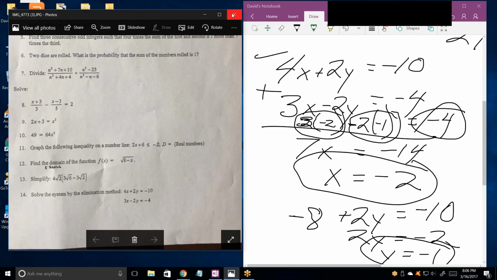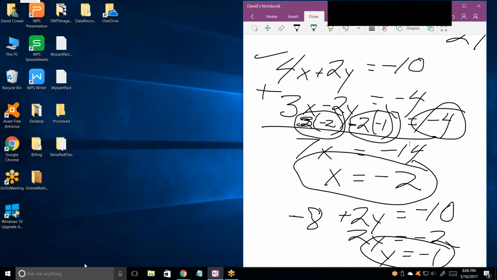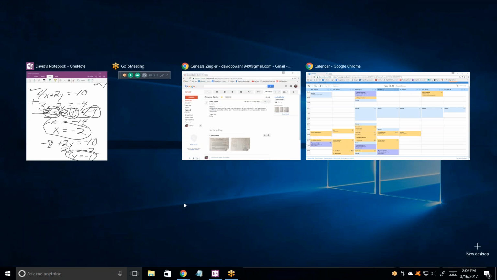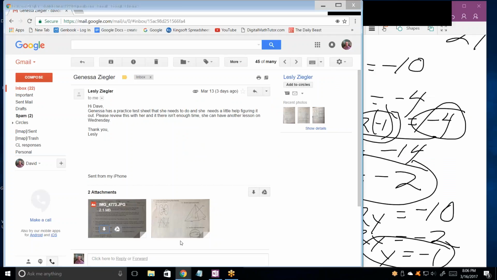All right, I assume we want to go to the second page now. Yes, which is this page.